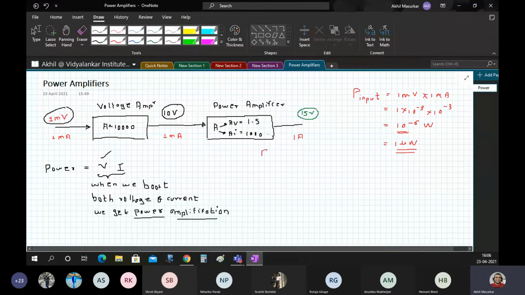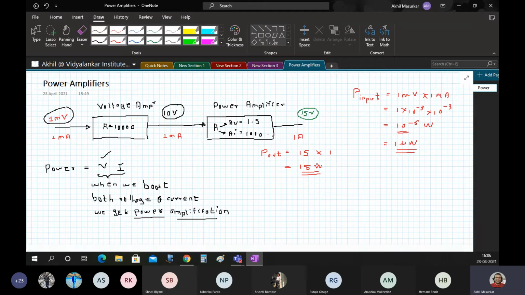But if you look at P out, voltage is 15 and current is 1, so that is going to be 15 watts. You can see that there is a boost in the power of 15 million times. That is what we want to do. That is what a power amplifier is supposed to do.